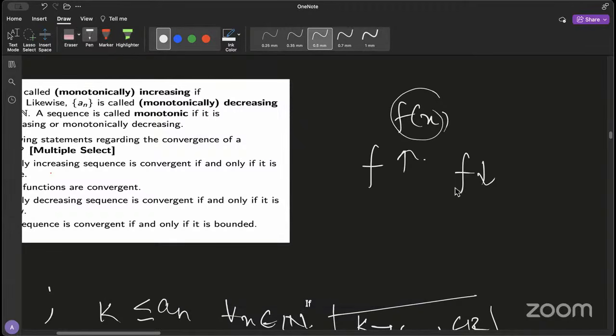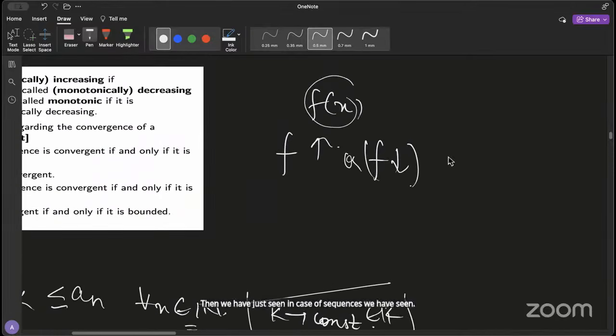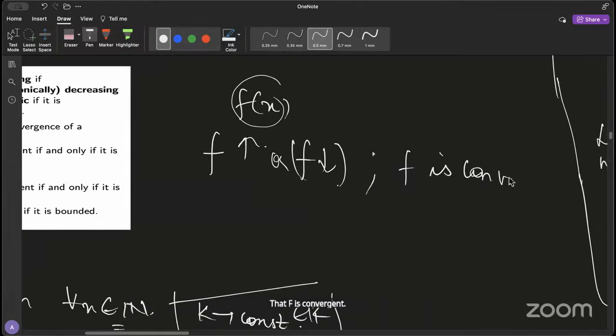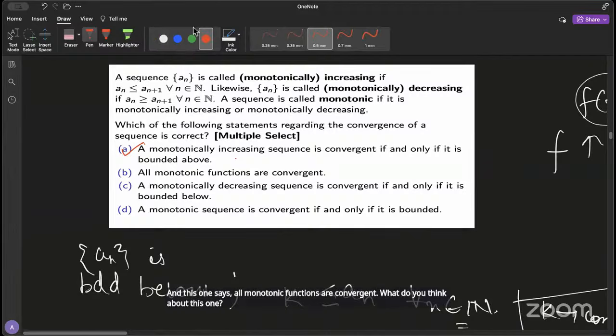If your function is increasing or decreasing, then in the case of sequences we have seen that f is convergent if and only if it is bounded, right? That means if it is convergent, then it has to be bounded. And if it is bounded, then it has to be convergent. And this one says all monotonic functions are convergent. What do you think about this one?